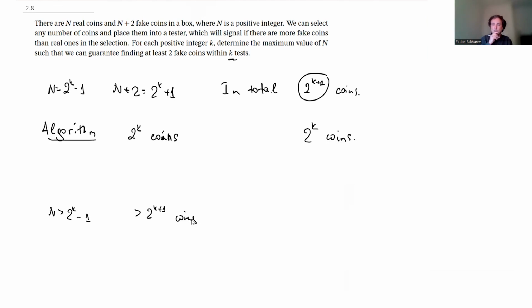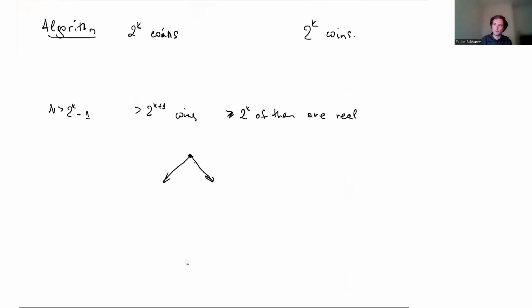And we know that at least 2 to the power k of them are real. And we consider our algorithm, and so we choose some group of coins, test it, and get the answer. We get one of 2 answers, yes or no. Then we choose another group of coins, test it, and get again one of 2 answers.